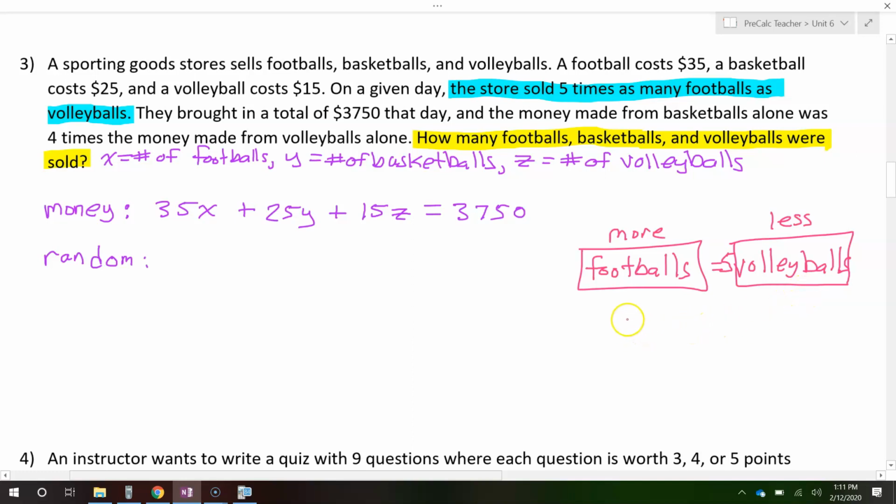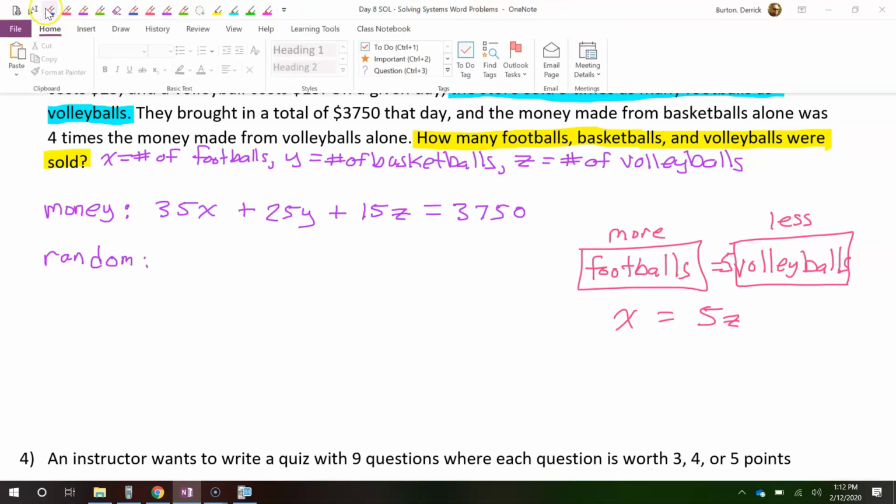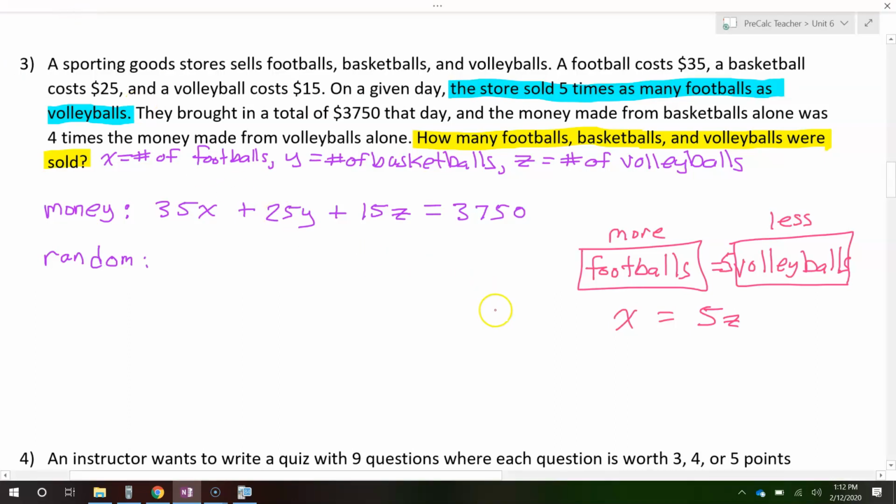Okay? So footballs was x, so x is going to equal 5 times z. Right? Okay, so you probably would have guessed that one. It wasn't as weird as the last one.